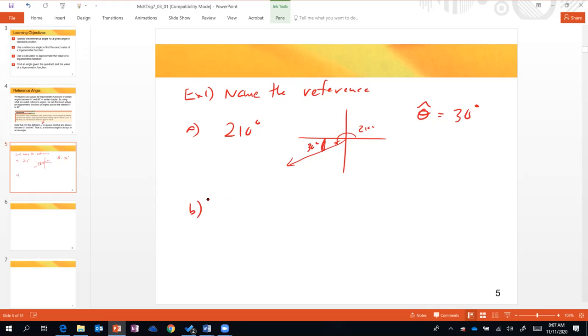I got two more for you here. How about negative 153? Some good fun stuff here. I think I can squeeze in C at the bottom here. Let's see, that's going to be there, and then 339 degrees.